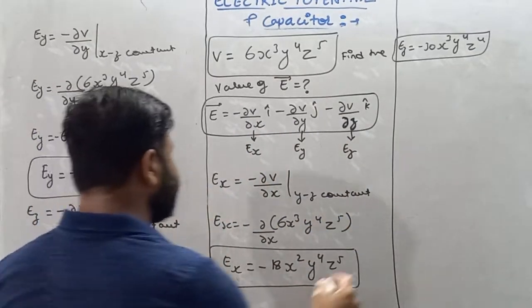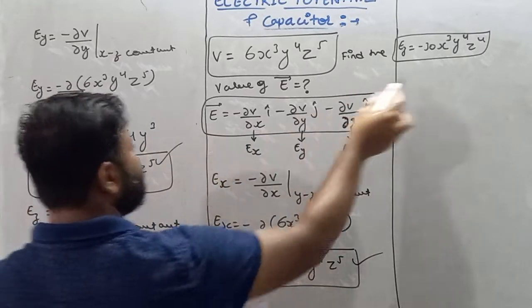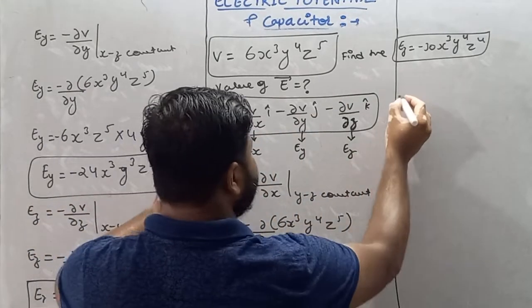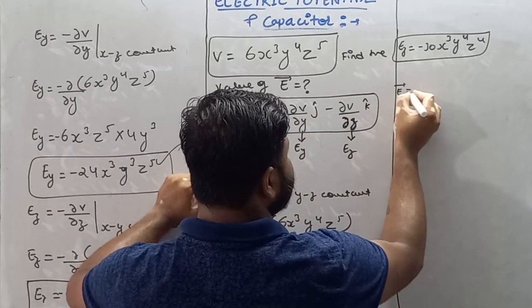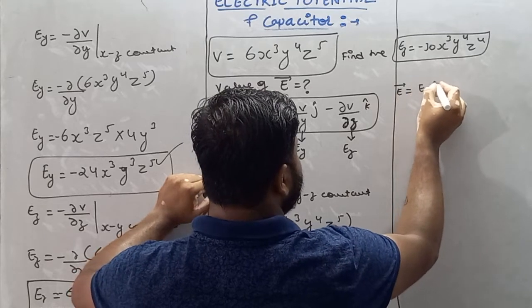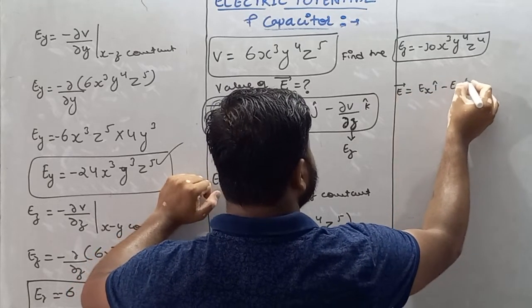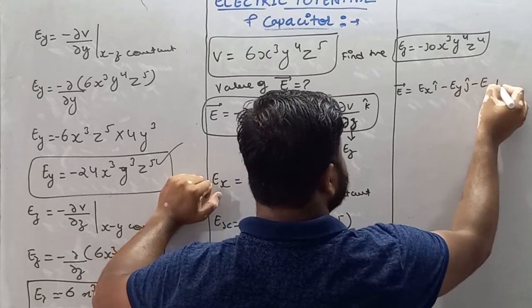Now put Ex, Ey and Ez in this equation. E vector is nothing but Ex i cap minus Ey j cap minus Ez k cap.